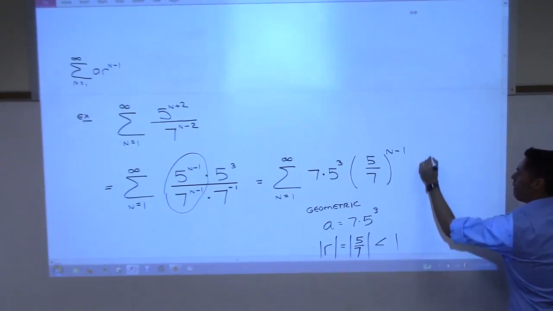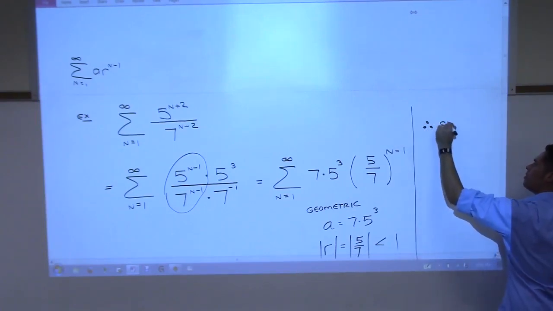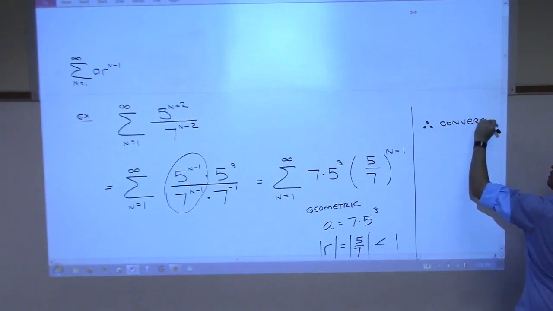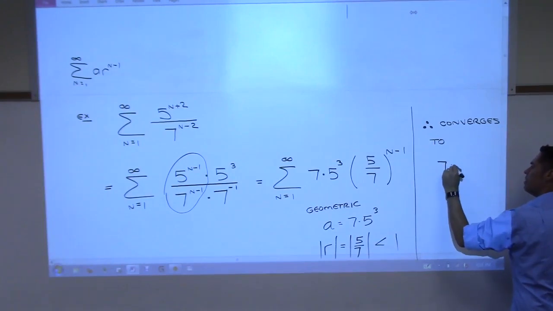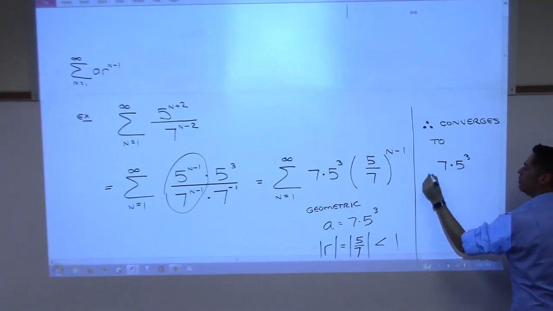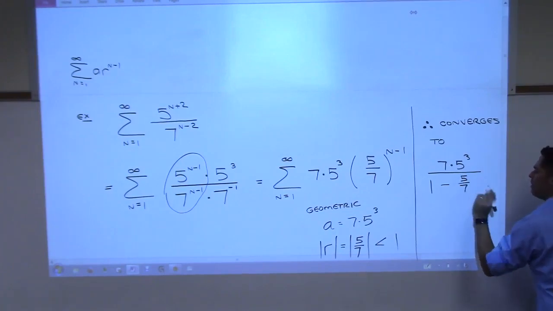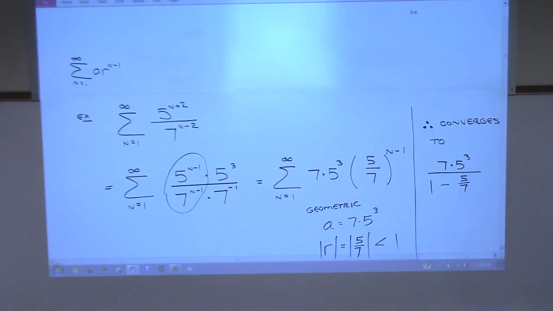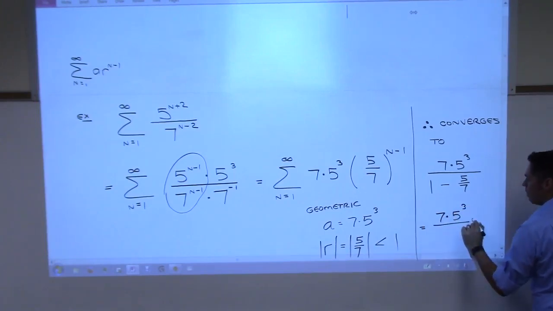Therefore, it converges to a, 7 times 5 cubed over 1 minus 5 sevenths. Right? What's 1 minus 5 sevenths? 2 sevenths. So 7 times 5 cubed over 2 sevenths.